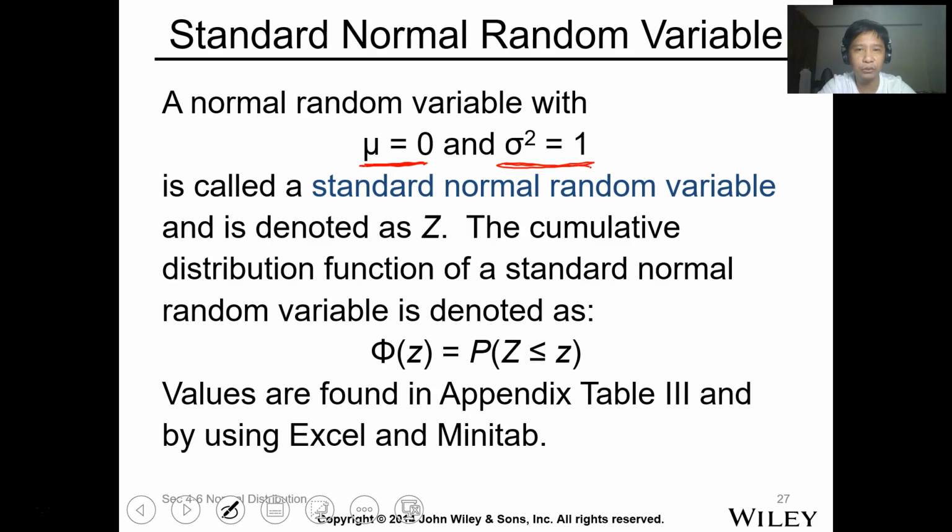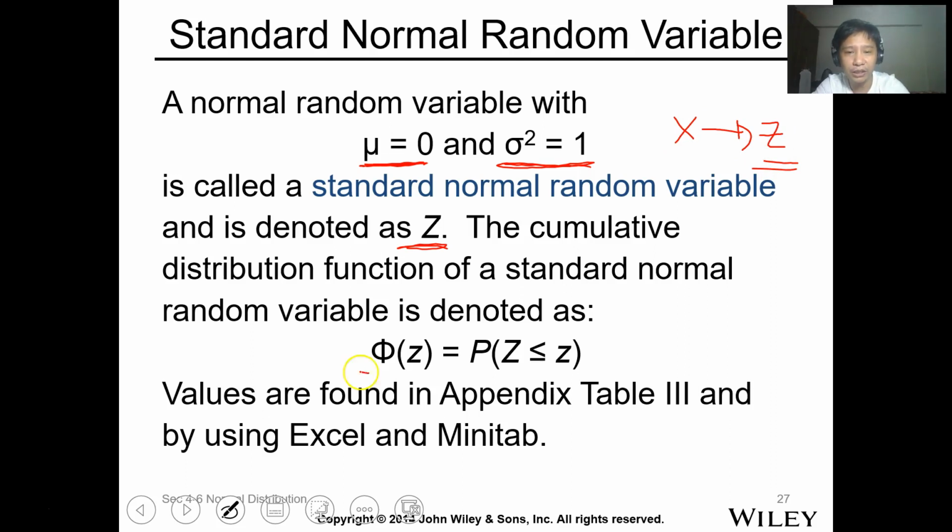So, this is what we call the standard normal random variable. And usually, we denote that variable as Z. So, pag nag-convert tayo from normal distribution to standard normal distribution, we change the variable from X to Z.